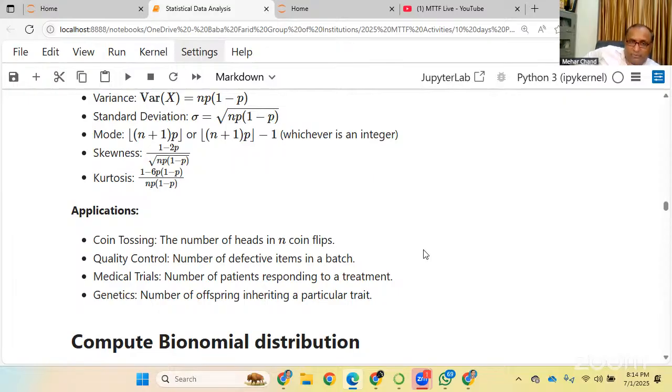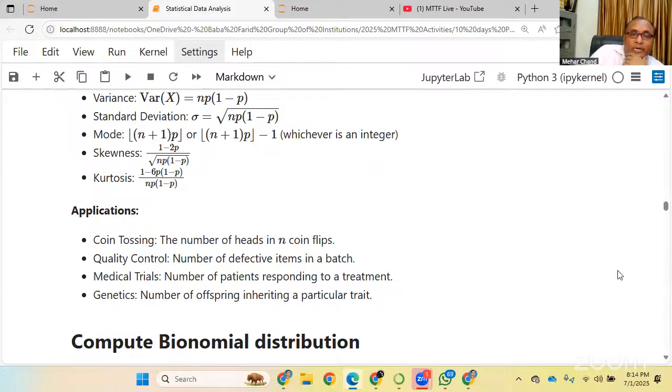Quality control, which is the important part: the number of defective items in a batch. Medical trials: the number of patients responding to a treatment. And genetics: the number of offspring inheriting a particular trait. There are many applications, but here we present a few examples, so we can use this distribution.